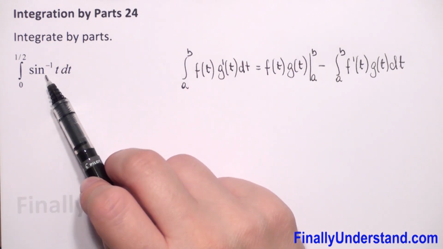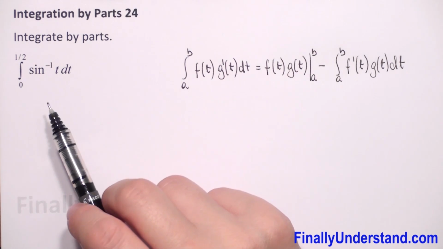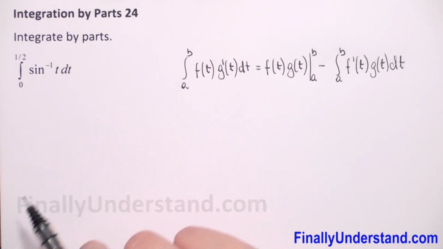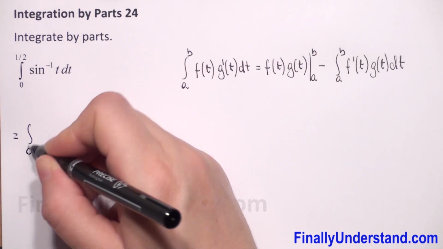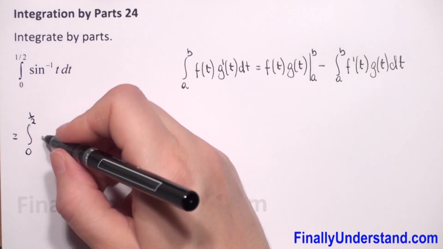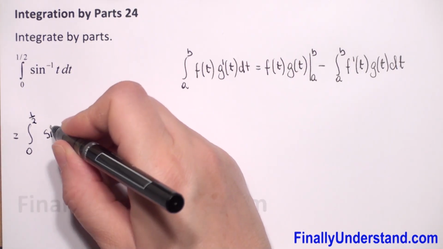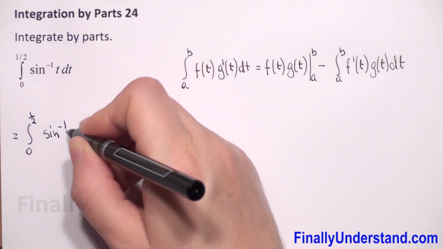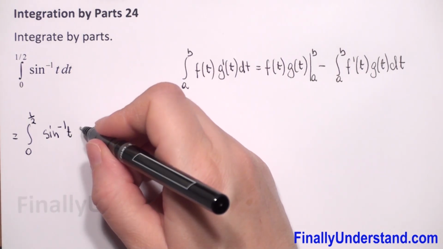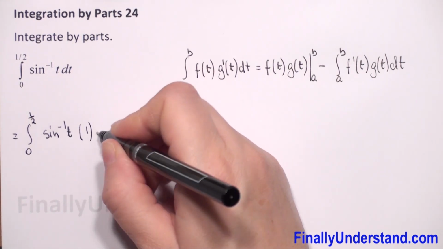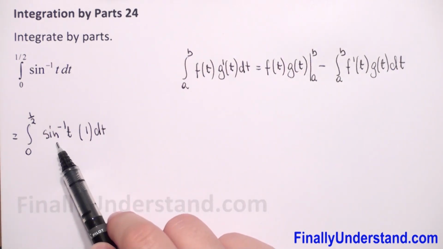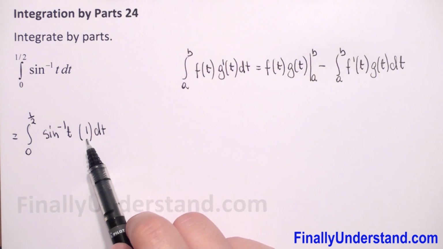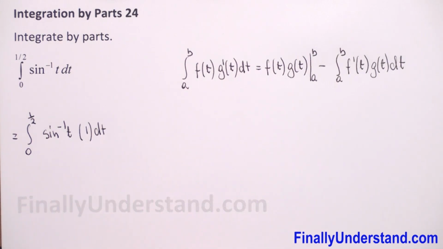In our example, we have only inverse sine, so first we can rewrite our definite integral from 0 to 1/2, and we can put inverse sine of t times 1 dt. So inverse sine is continuous, 1 is a continuous function, so everything is okay.